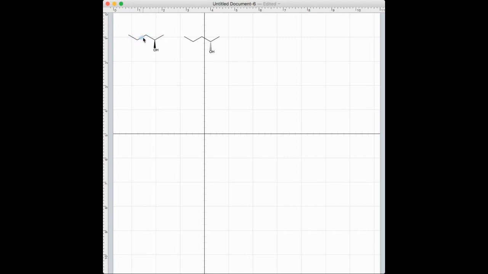So every flat line is actually in the plane of the screen, and then we use this symbolism of wedge bonds and dash bonds to indicate now 3D structures of these molecules.